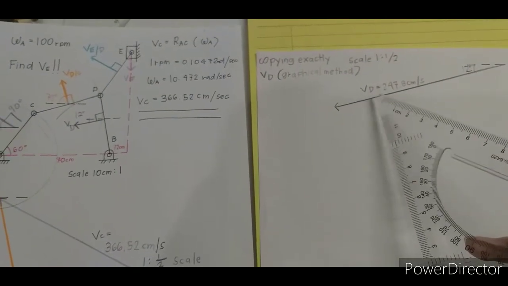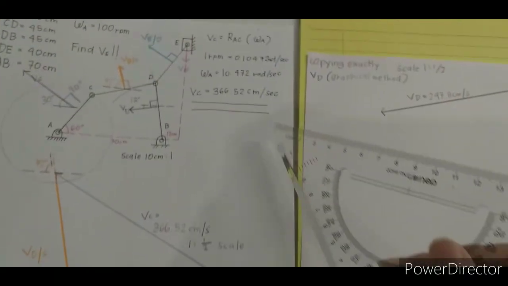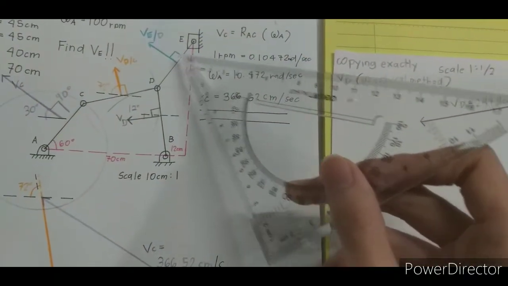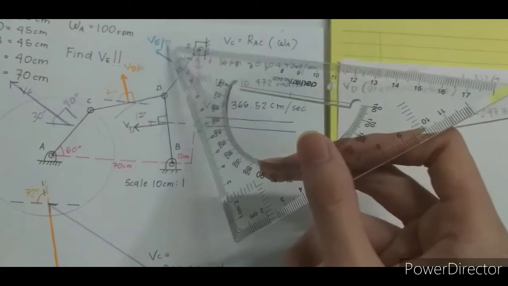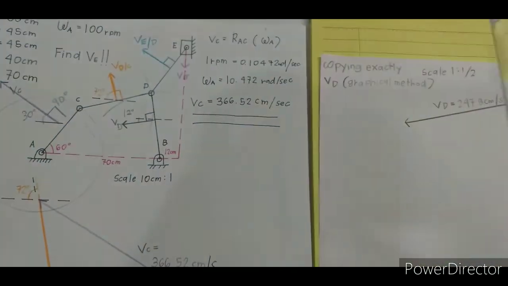We're going to use the velocity at D to make a similar figure to this, to find the velocity at E and the velocity at E with respect to D.